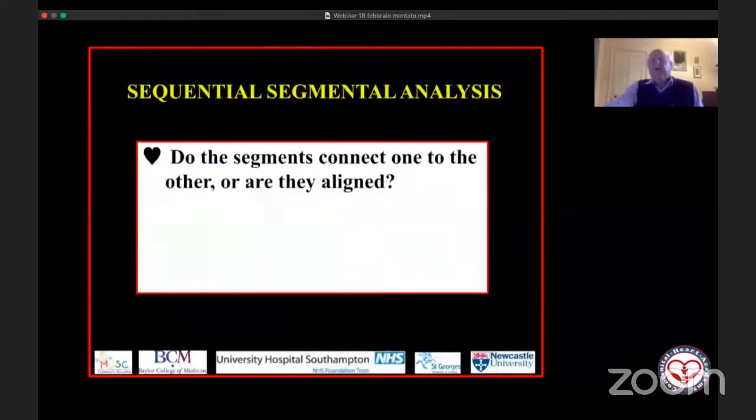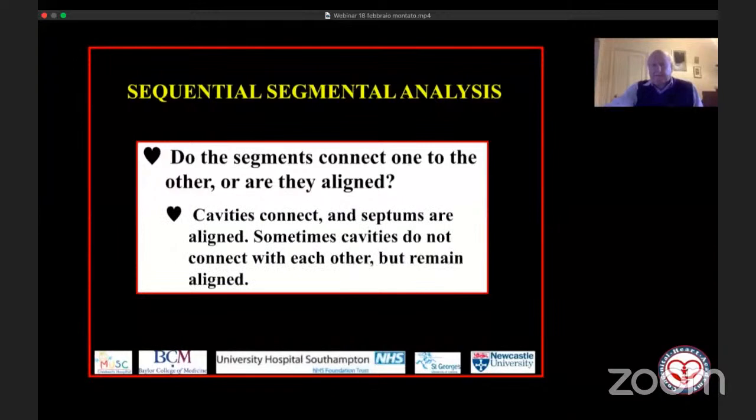And when we look at the ventriculo-arterial junctions, we have to get across another of the major differences that emerge between our systems: whether the segments connect one to the other or whether they are aligned. It remains our belief that it is correct to describe the cavities as being connected.